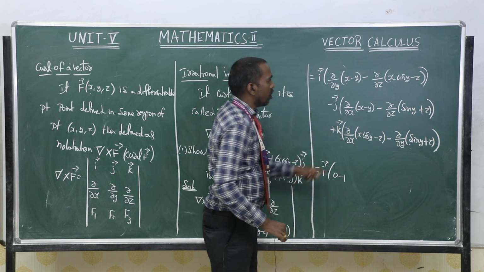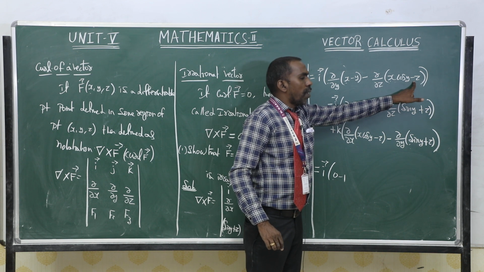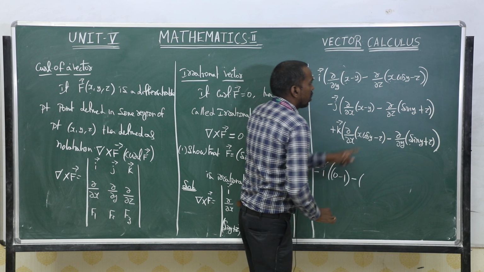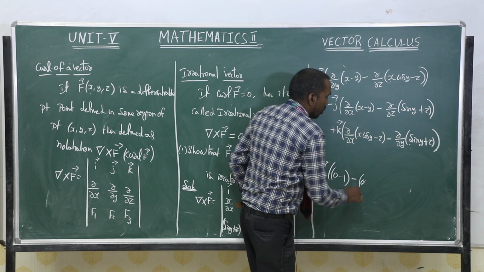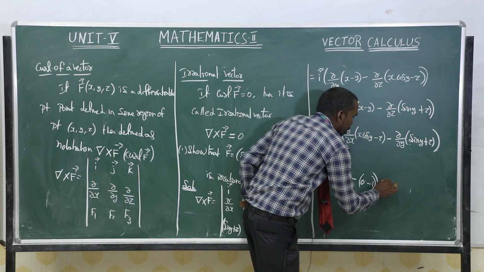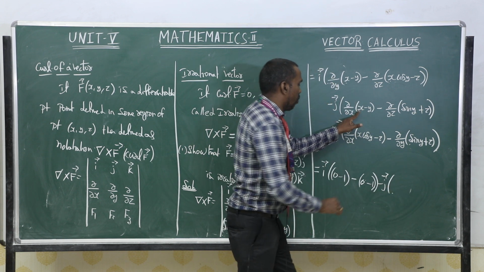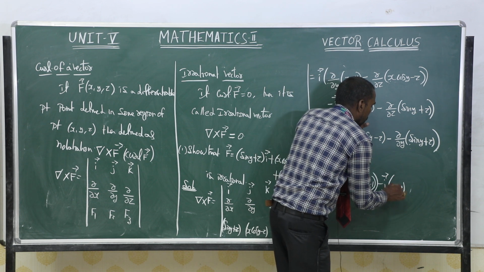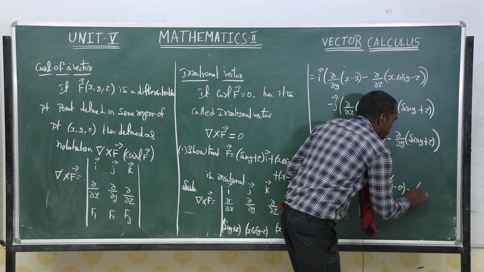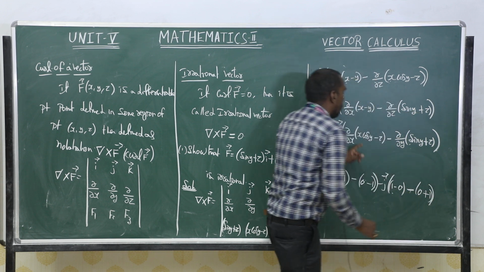Then dou by dou z of x cos y minus z is minus 1, so with the minus sign it is 0 minus of minus 1. Next, minus j: dou by dou x of x minus y is 1 minus 0, and dou by dou z of sin y plus z is 0 plus 1.